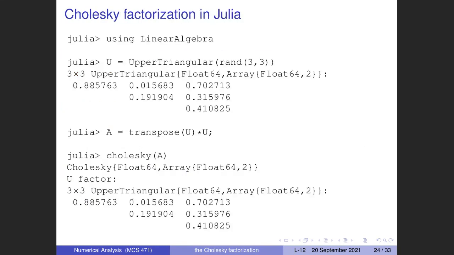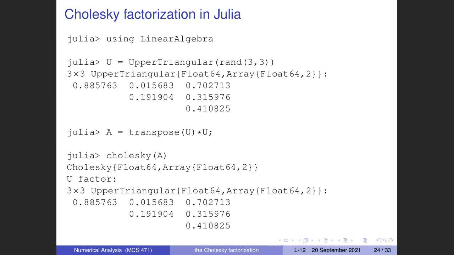All right, Julia has a built-in LU factorization. So we can start from an upper triangular matrix if we can do this differently now. The Cholesky factorization in Julia will actually return the upper triangular matrix. So that's kind of a nice oddity.